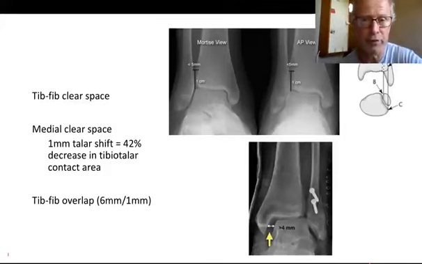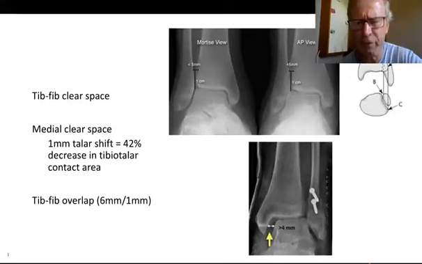That's a reference you can look at. Then the X-ray at the bottom shows the medial clear space. If that space is increased, that means there's talar shift. What I want you to know is that 1 millimeter of talar shift represents a 42% decrease in tibiotalar contact area.